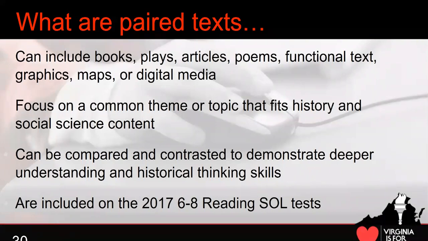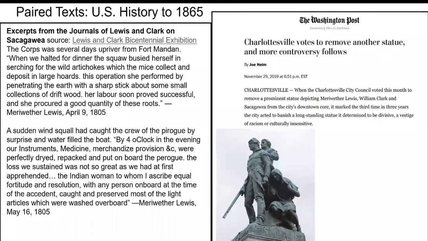So here's an example of a paired text set for U.S. history to 1865. On the left, you have a primary source from the Lewis and Clark exhibition, and you will be getting this presentation, and these links are live, so you can access this information that way. But you don't need to necessarily read over these now, but both accounts here suggest that Sacagawea was playing a vital and important and brave role in the Lewis and Clark expedition.